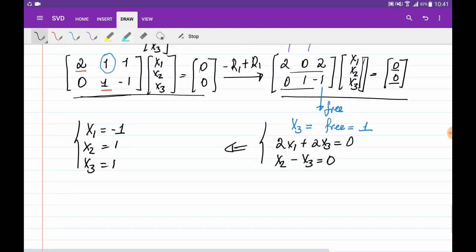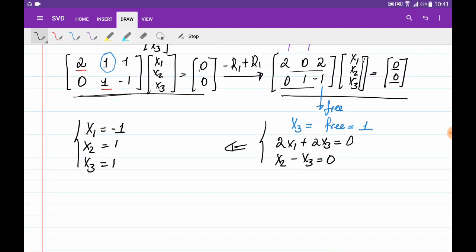So this is the vector which is perpendicular to 2, 1, 1 and 0, 1, minus 1. We can simply check it by multiplying minus 1 by 2, 1 by 1, 1 by 1, and the sum will be 0. Minus 1 by 0, 1 by 1, and 1 by minus 1 is also 0. So we can take U3 as the normalized version of this vector.